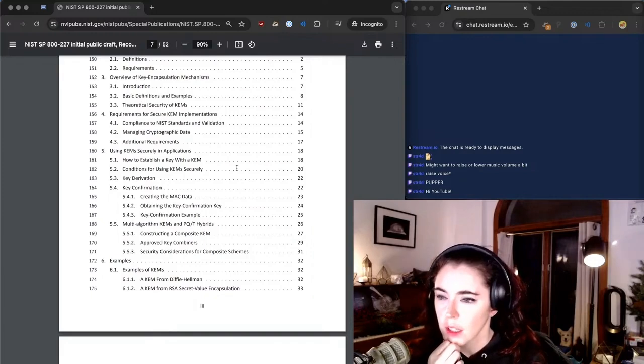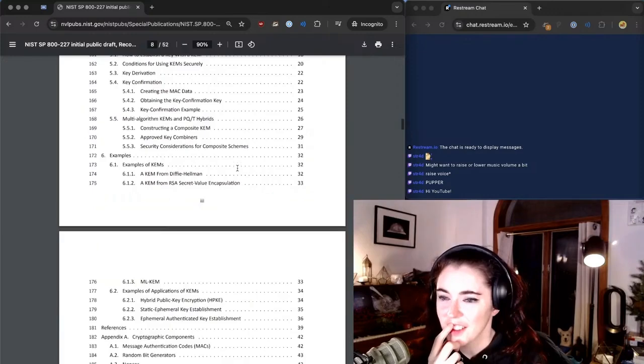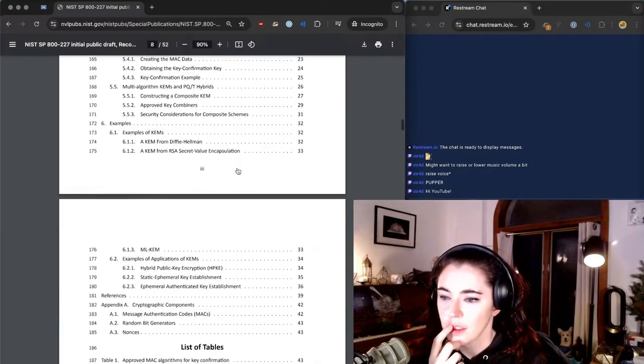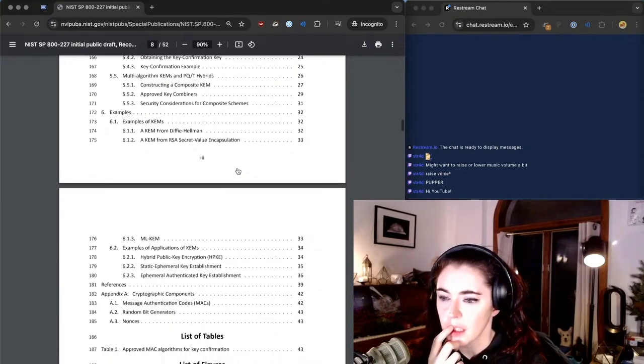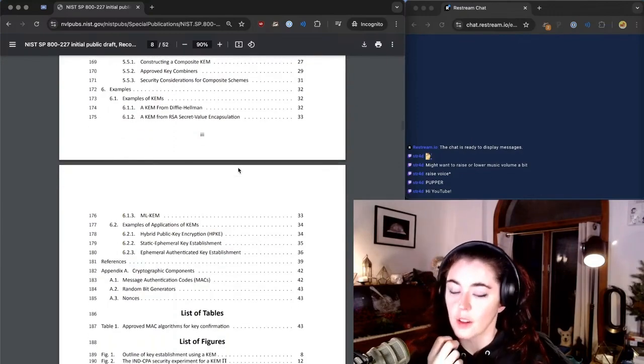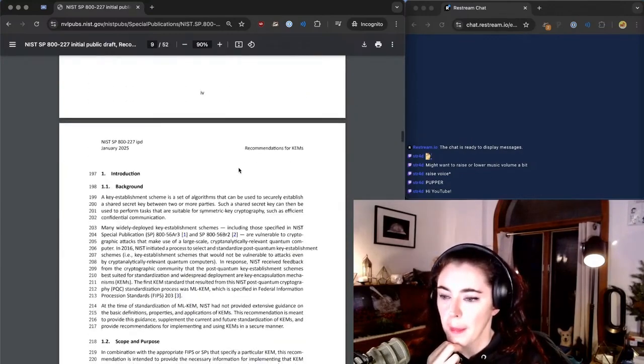Confused with encapsulation. Derivation, confirmation. Multi-algorithm hybrids. They're just using all the terminology. Okay, examples. Hybrid. Oh, HPKE. Oh, hey, in CPA, in CCA security. Oh boy. And MAC algorithms for key confirmation. Okay then.